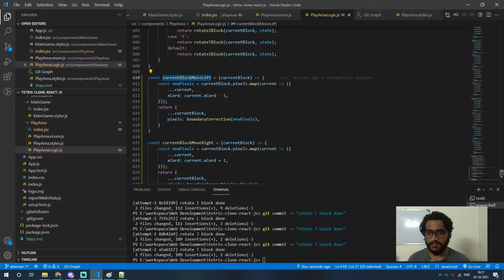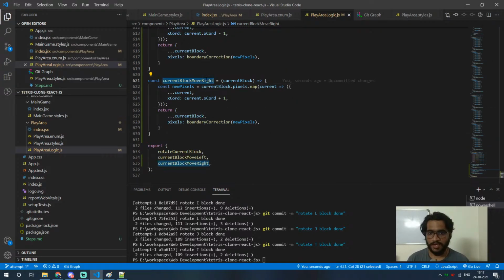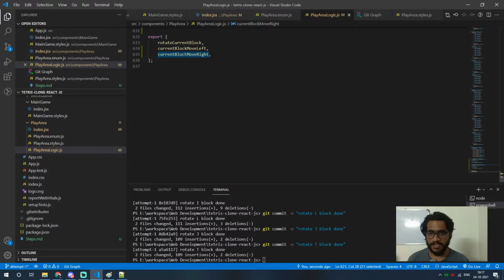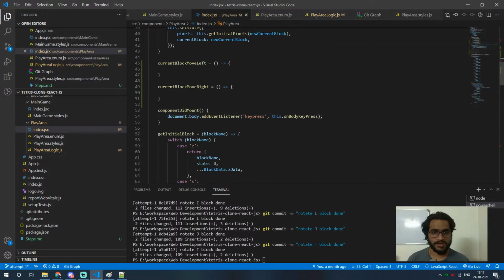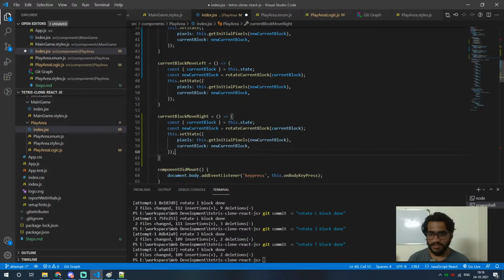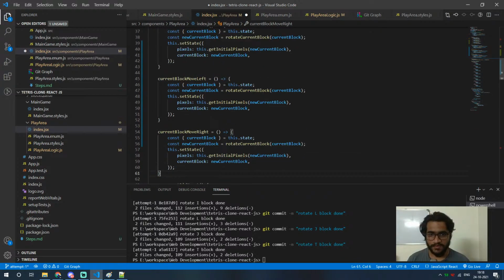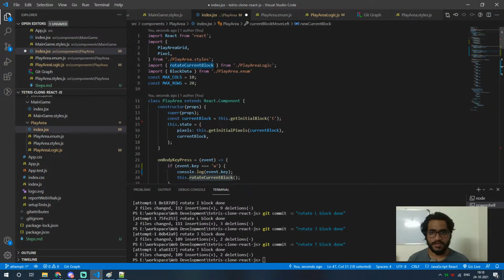When it comes to current block move right, it would just add 1. Okay, and I have created these functions and exported them to the play area logic.js, and I'll just copy the rotate current block logic and paste it in the current block move, and instead of rotate current block, we will be using current block move.